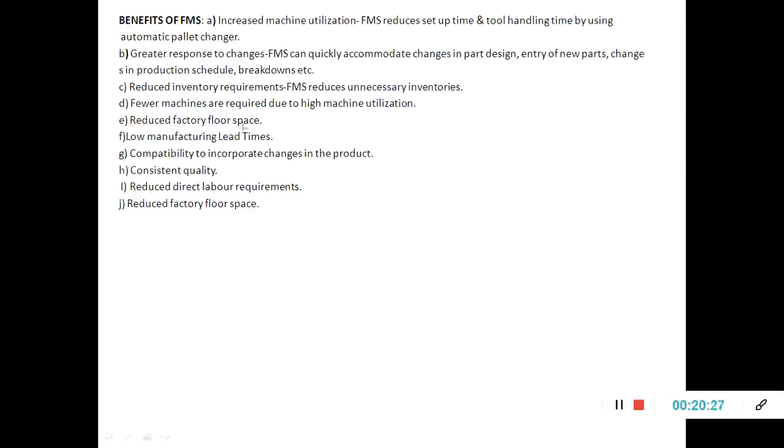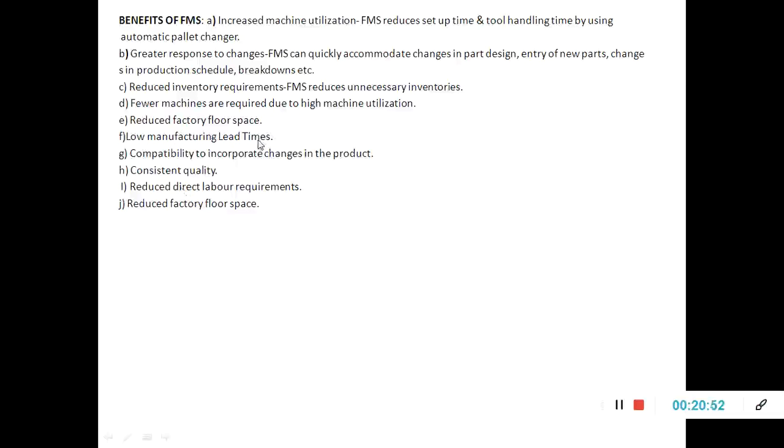Then as we are using the part storage system, the floor space required by the factory is very less. We need very low space to install the machines, because we are using CNC machines, VMC machines, which are capable of performing many operations in a single machine.